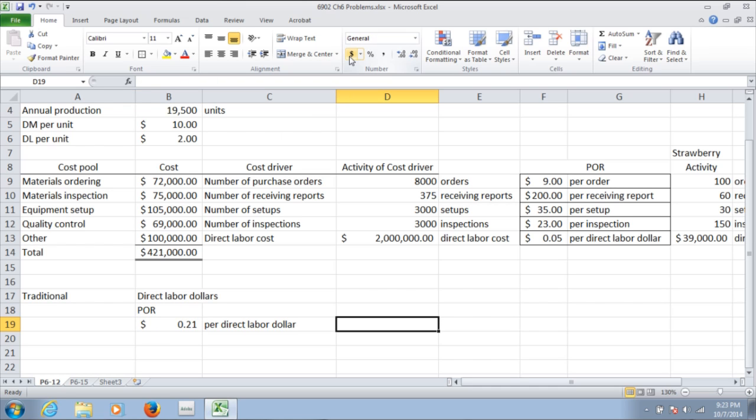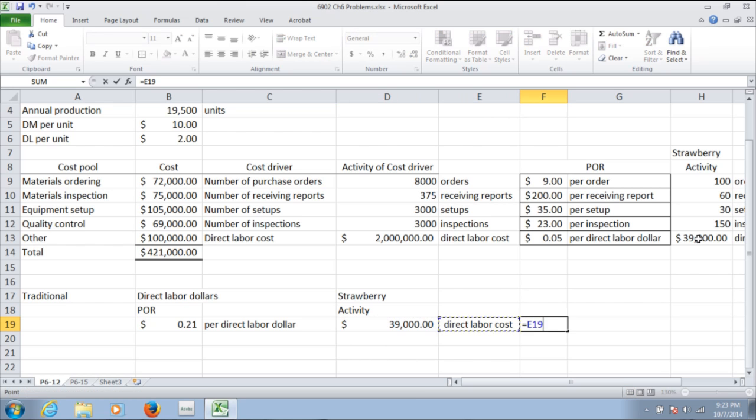Now, looking at the strawberry activity, if we copy the strawberry activity descriptors over here, in this case, we want to know how many direct labor dollars were associated with strawberries, and that was 39,000.